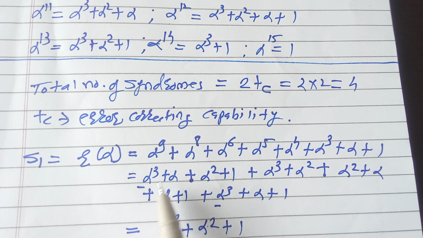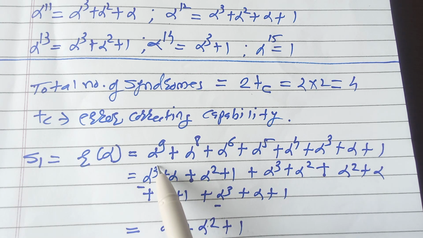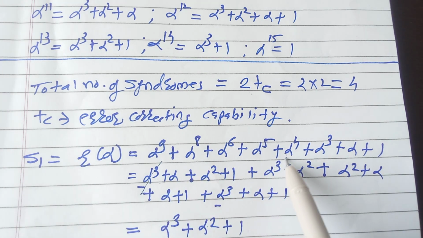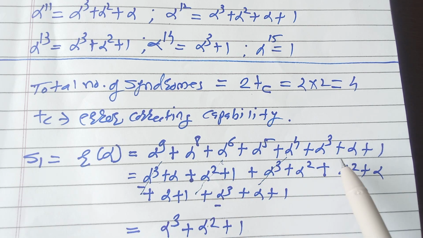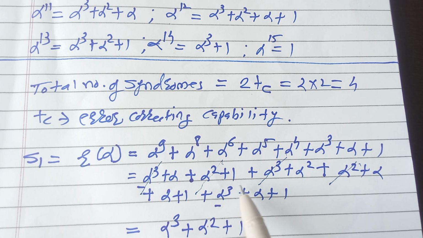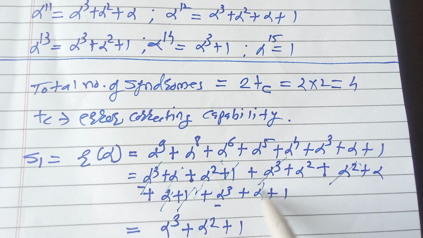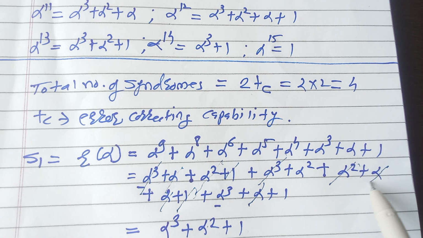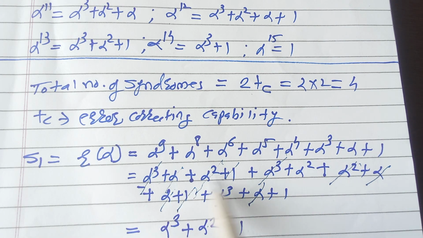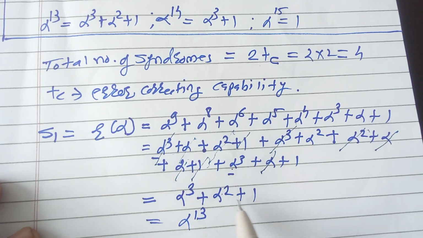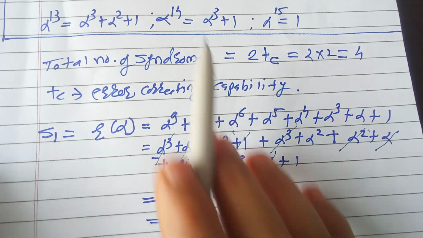If you cancel out similar terms, you will get alpha cube plus alpha square plus 1. So S1 is alpha cube plus alpha square plus 1, that is alpha raised to 13.